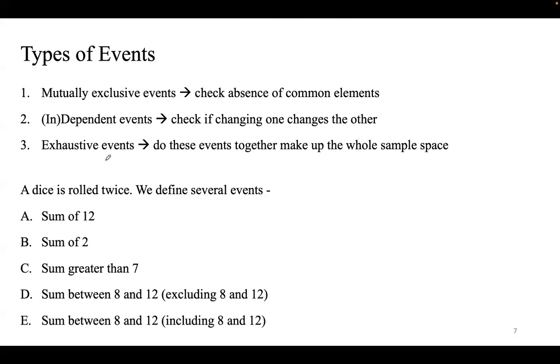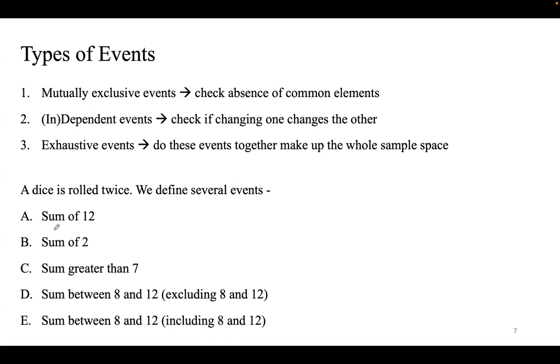There's no rule about them being independent or exclusive. They may or may not. But if all of them together make up your whole sample space, then they will be mutually exhaustive. That means when you're finding the union of all these events, you get the probability 1. That's what exhaustive events mean.